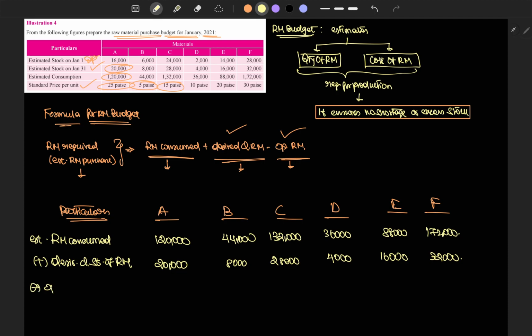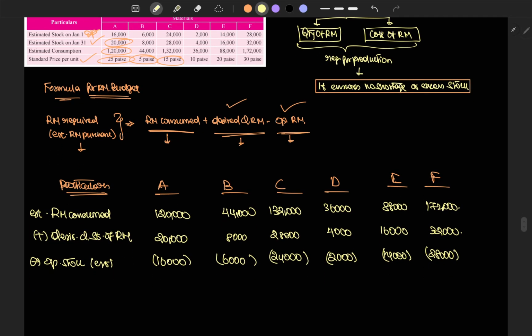Minus opening stock level estimated by the company: 16,000 of A, 6,000 of B, 24,000 of C, 2,000 of D, 14,000 of E, 28,000 of F.